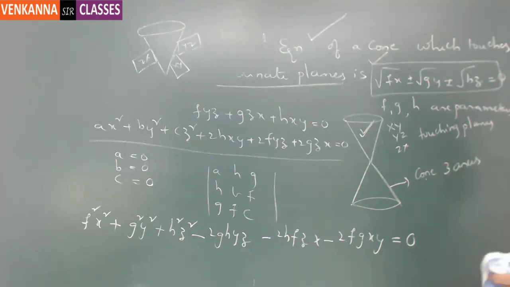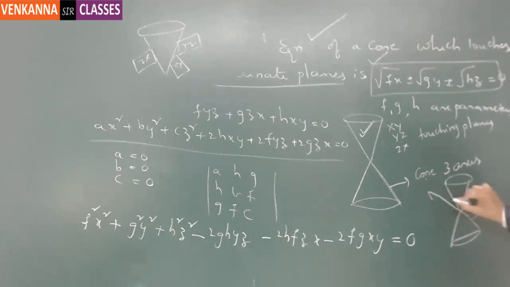Why? Because the similarity between cone and reciprocal cone is this: if xy plane is a tangent plane for this cone, the normal of the xy plane, which is nothing but the z axis, is a generator for the reciprocal cone.